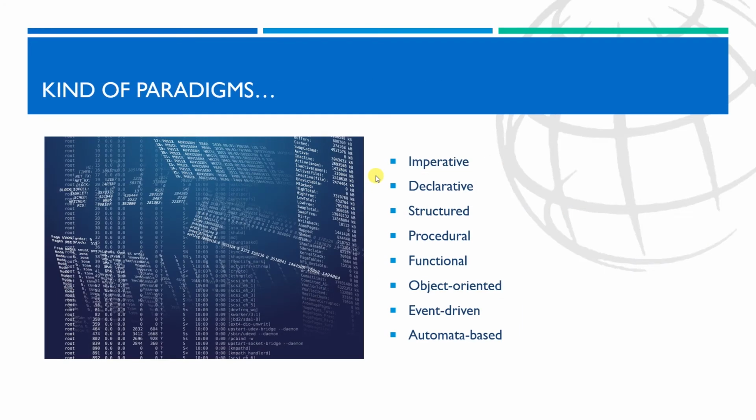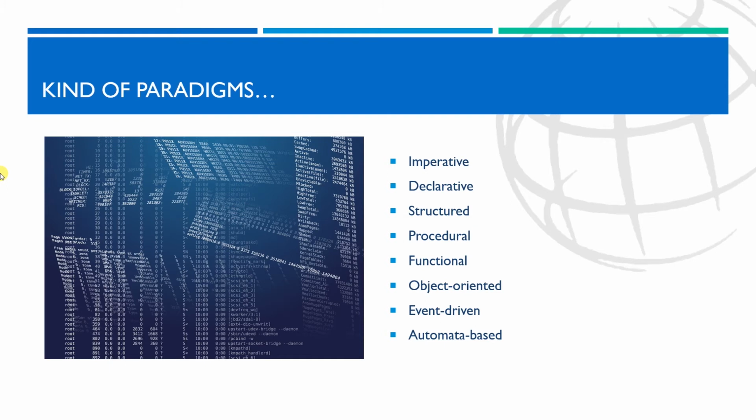And we have some common paradigms. There are two main approaches to programming. The first paradigm is imperative programming, which focuses on how to execute and defines control flow as statements that change a program state.